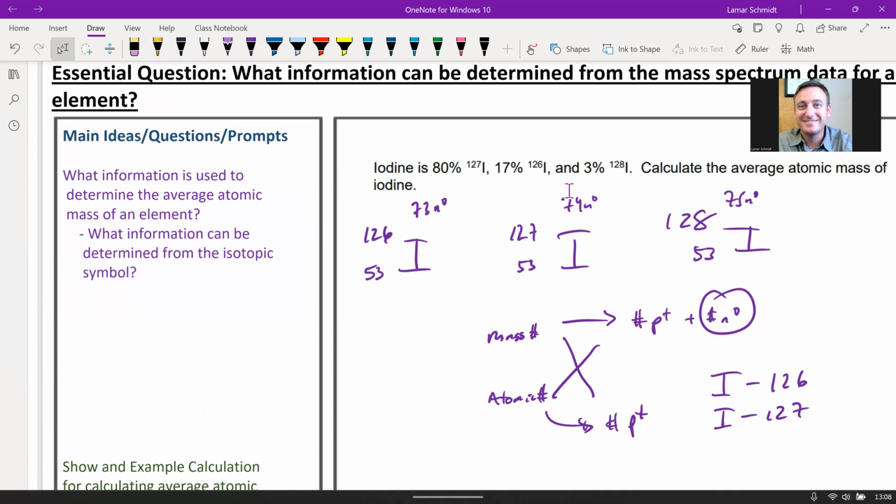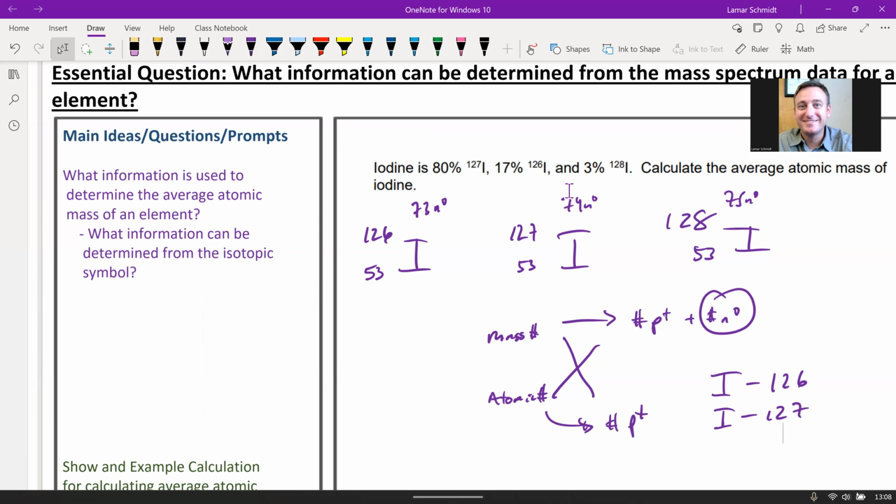That's not how these averages work. These are a weighted average based on the percentage of each isotope found in nature. Do you see that? So it's weighted based on its percentage found in nature.